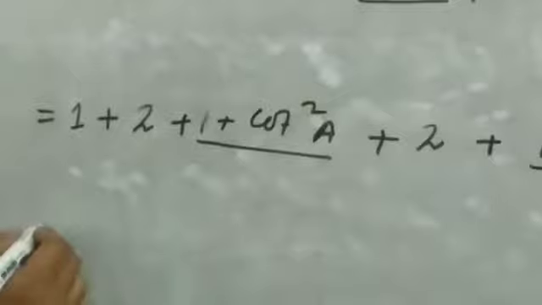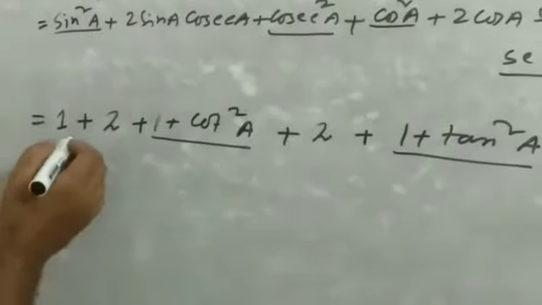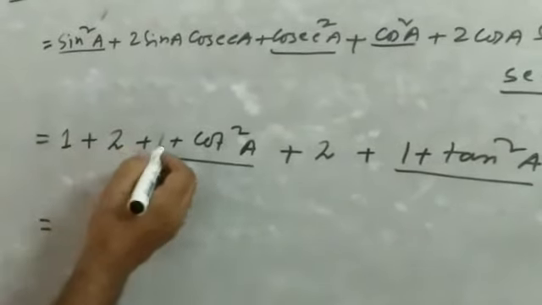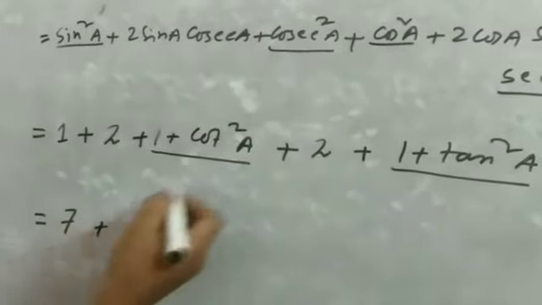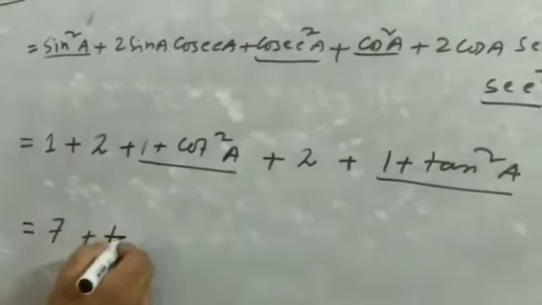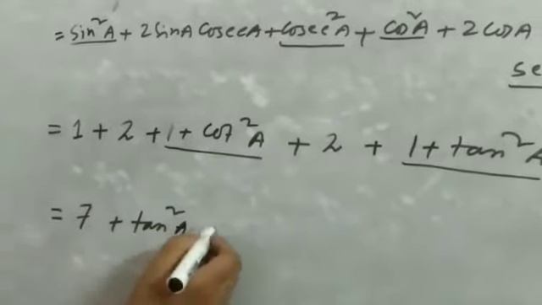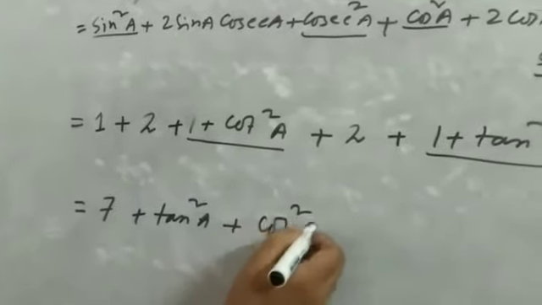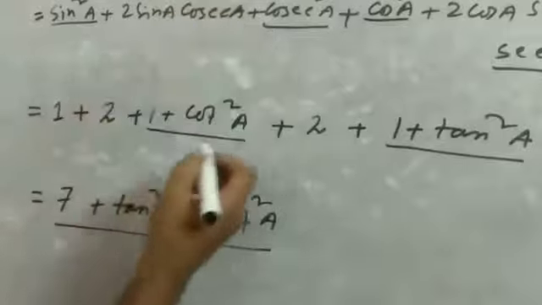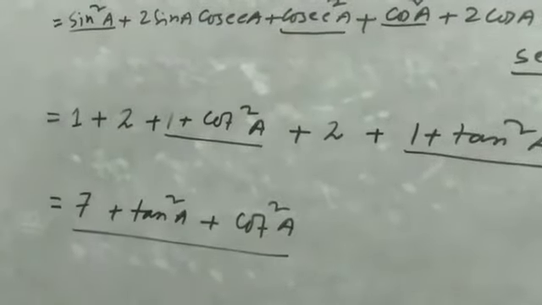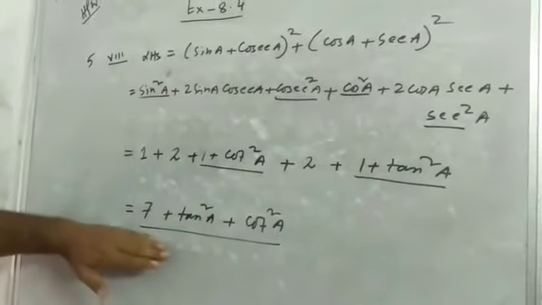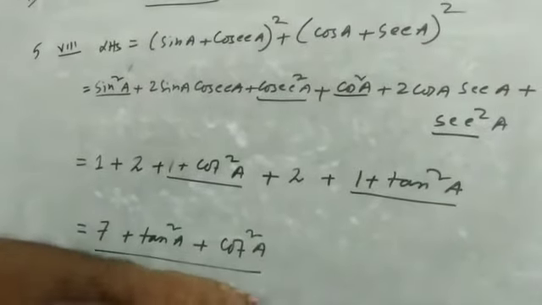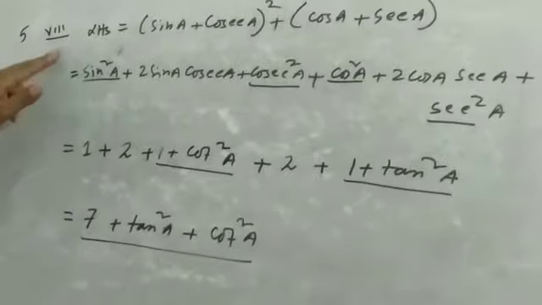Now we get the answer. You see, 3 plus 4 is 7, we got 7, and these two terms are present, so we write tan square A plus cot square A. So it is proved. It is 2-3 lines of math. We have expanded it, used some identities, and got the proof. So it is proof number 8.